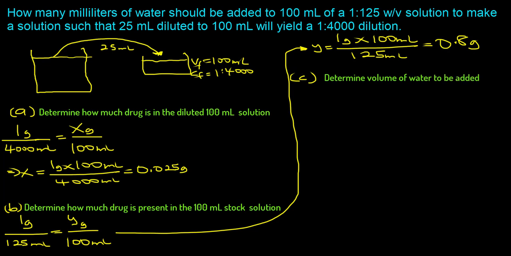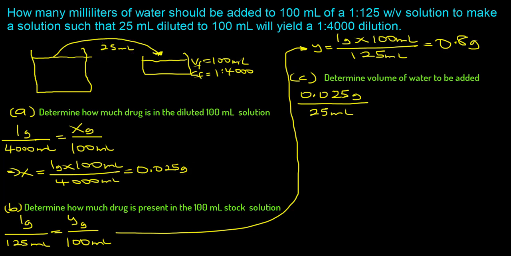So for the next step, we want to determine the volume of water that needs to be added to the 100 milliliters of the 1:125 weight by volume solution. And so the way we will approach this is to take the 0.025 grams that we determined from the first step, and this 0.025 grams was actually present in the 25 milliliter volume that we took, and we actually diluted to 100 milliliters to get a 1:4,000 dilution.